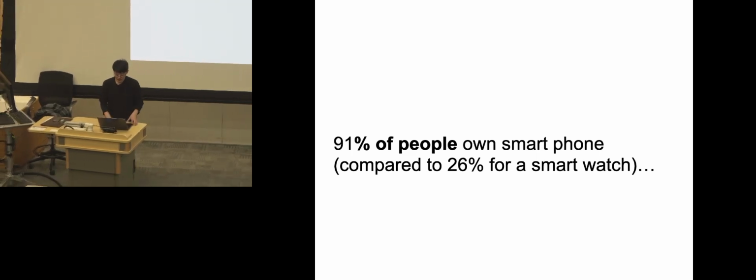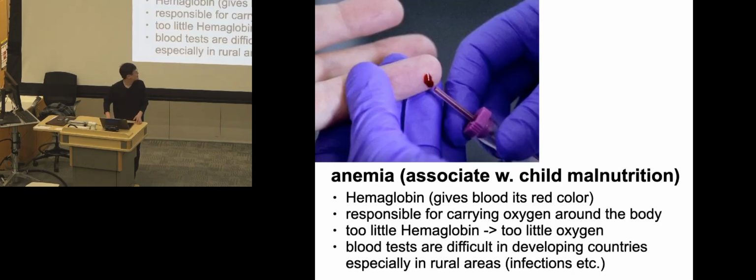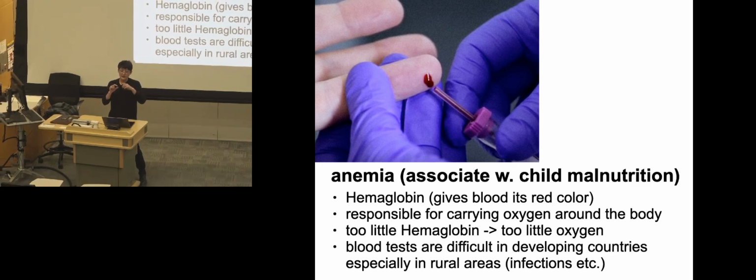So let me go through some of the very interesting types of work that happen within the medical space. First is anemia. Not sure if you are familiar with this type of disease. Basically, it's strongly associated with child malnutrition, and it means you don't have enough hemoglobin in your blood, which is the protein in your blood cells that carries oxygen around.